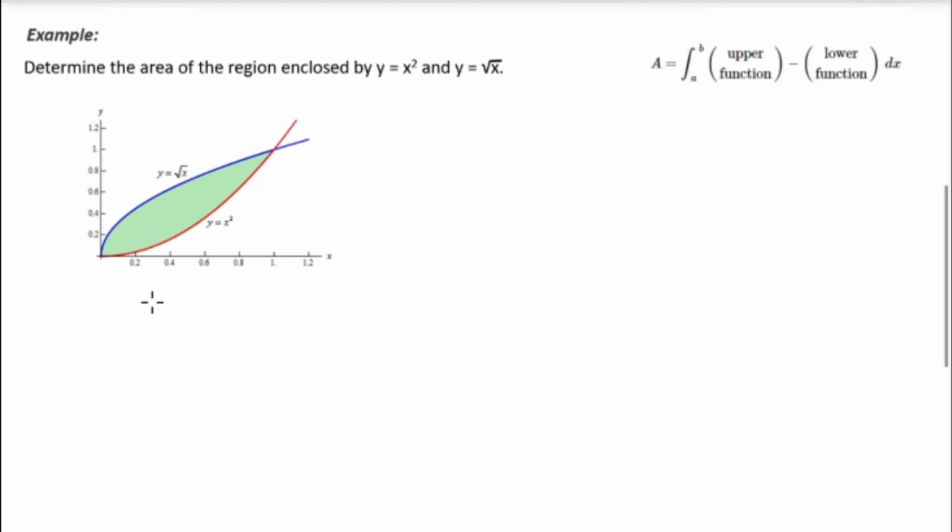We need to find the limits a to b by equating the two equations, and we can find the two values of x.